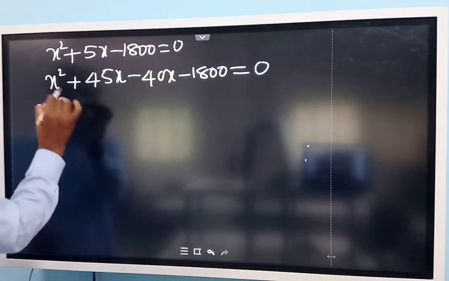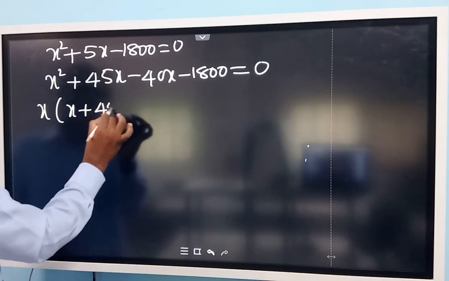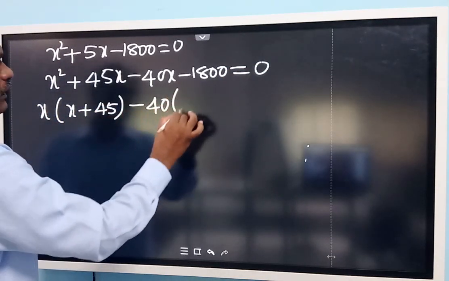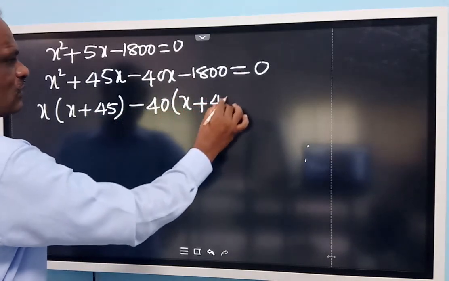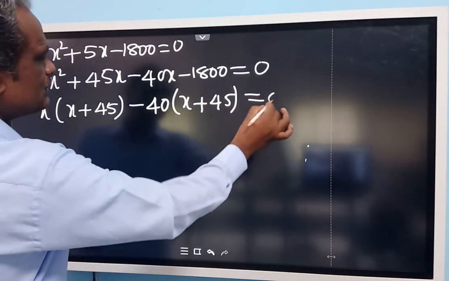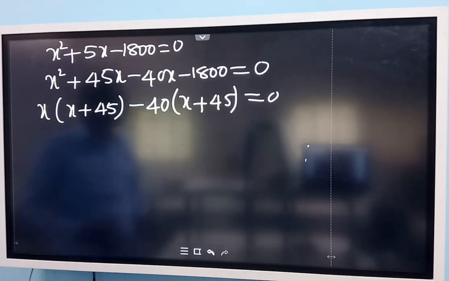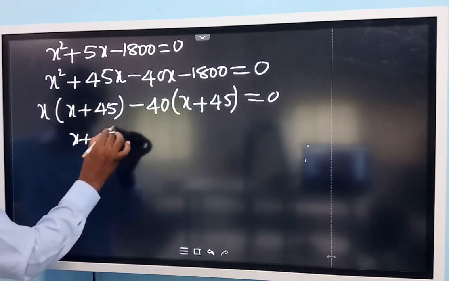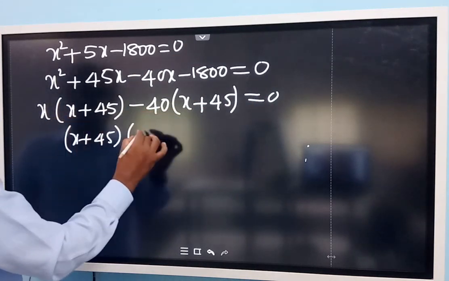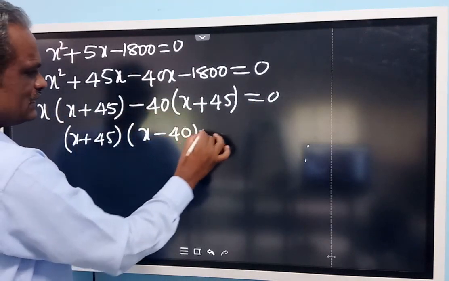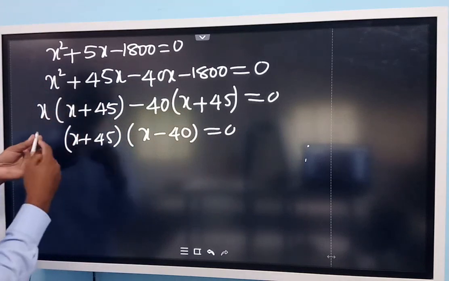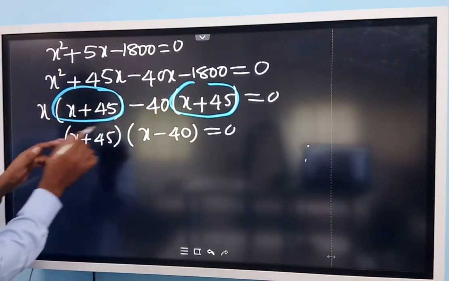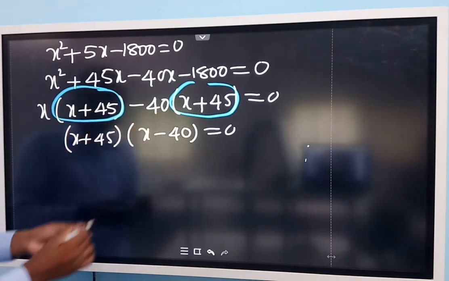If you take x common, it gives you x plus 45, and here if you take minus 40 common, you should get x plus 45 only. 40 into 45 must be 1800. So now again x plus 45 is common in both places, so then it is x minus 40 is equal to 0. Here x, here minus 40.